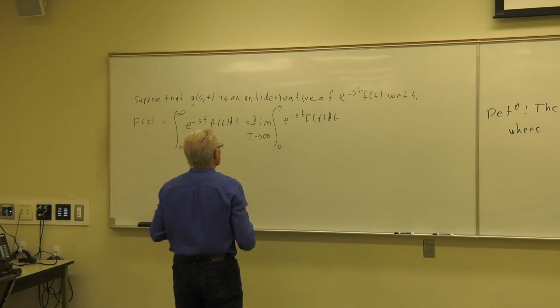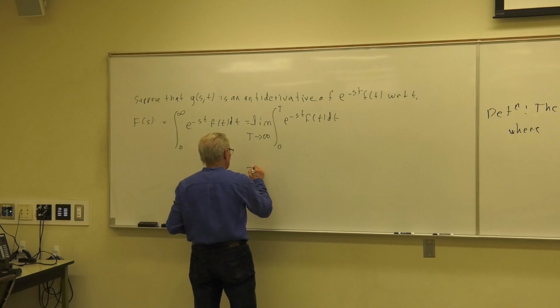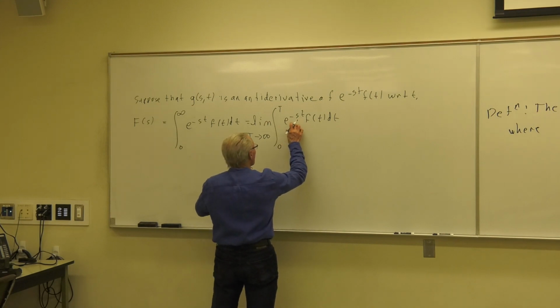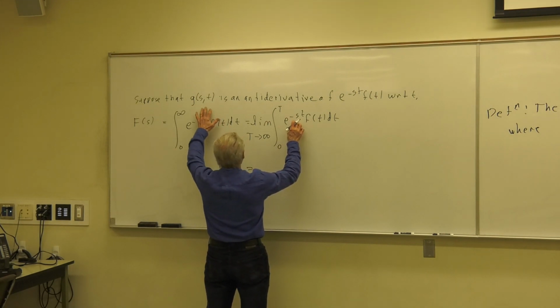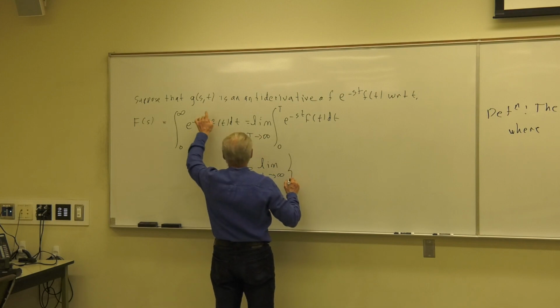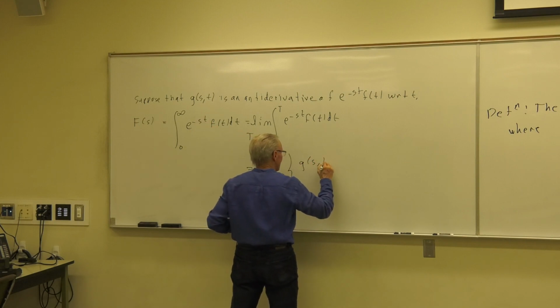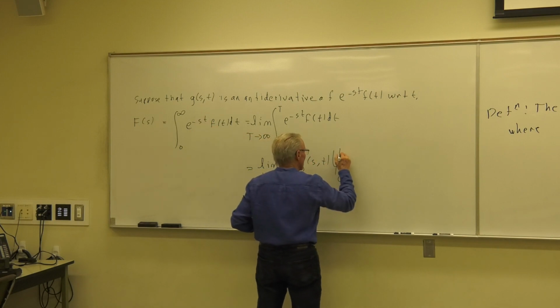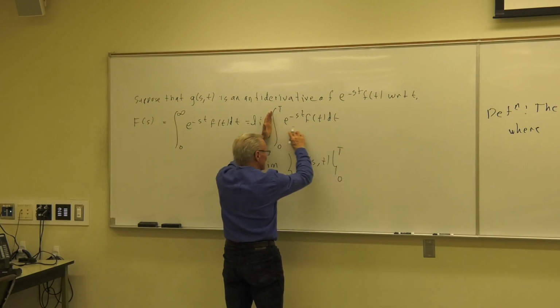So what we would do here is say, an antiderivative of this is that, so we'll take the limit as T approaches infinity, and we'll take that g of s and t, and drop in 0, and drop in T, because that's how you do this.